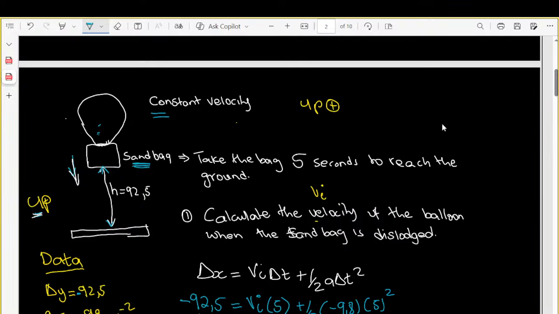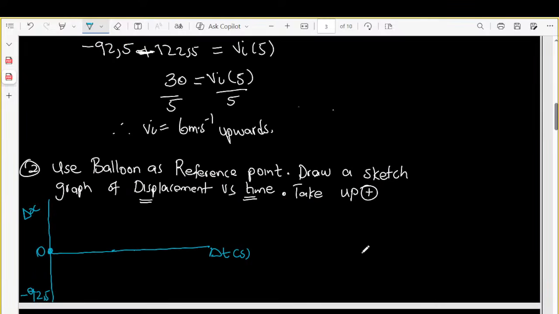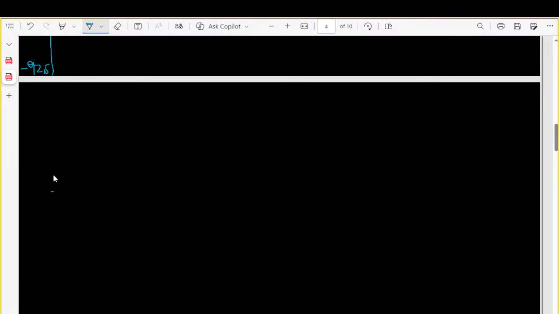So if this is my reference point and let's say this is the ground, and the hot air balloon traveled 30 meters above the ground, then we throw something.